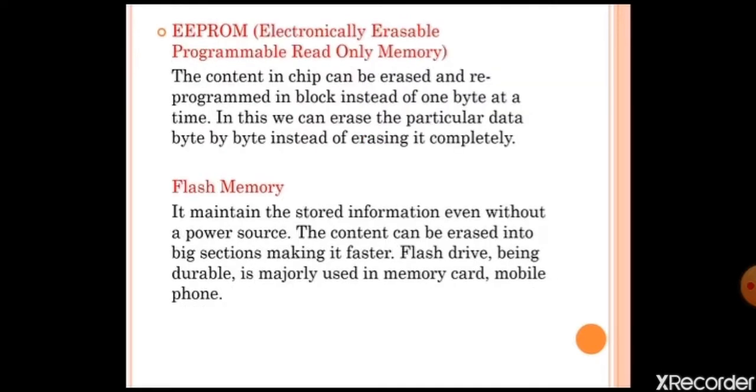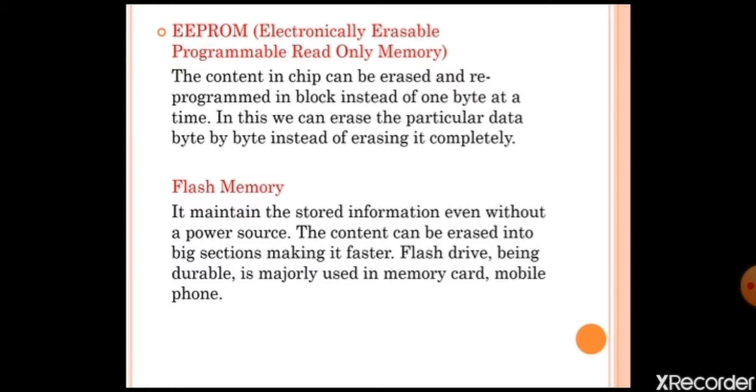Now the third one is EEPROM. The content in the chip can be erased and reprogrammed in blocks instead of one byte at a time. In this, we can erase the particular data byte by byte instead of erasing it completely. Now the fourth one is flash memory.